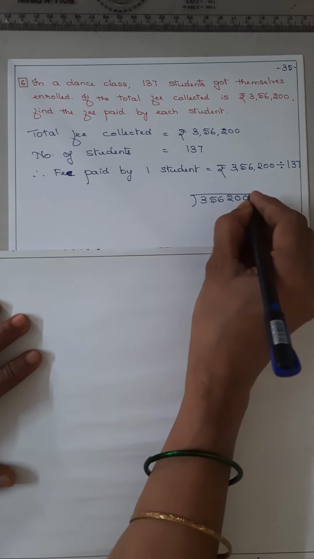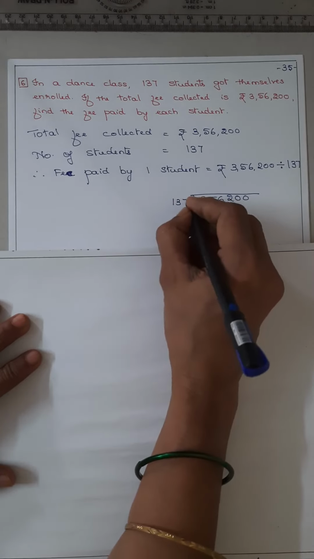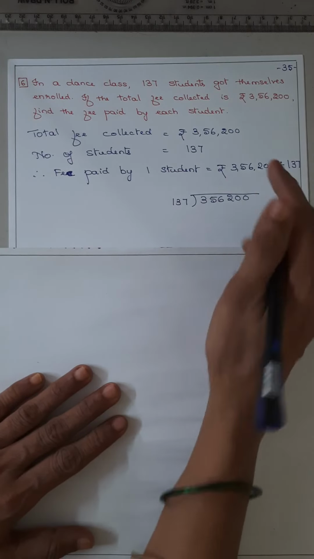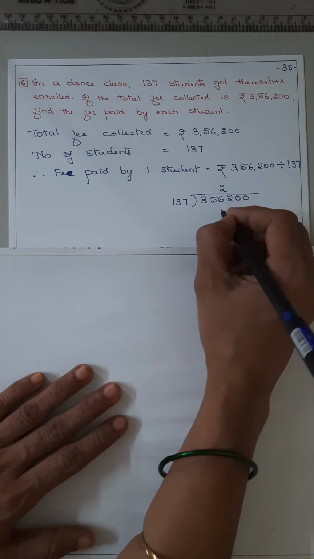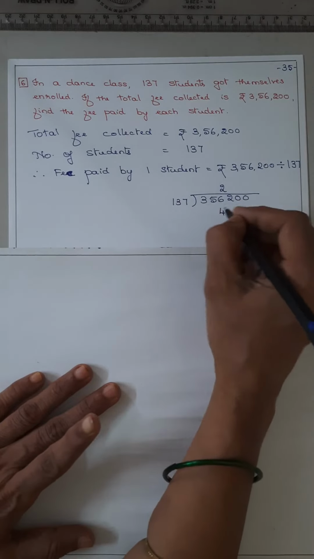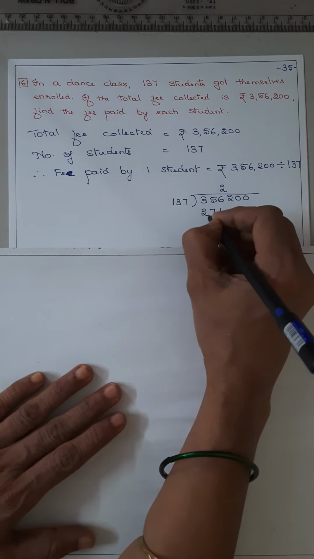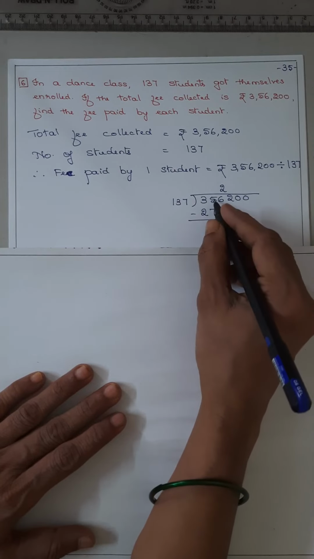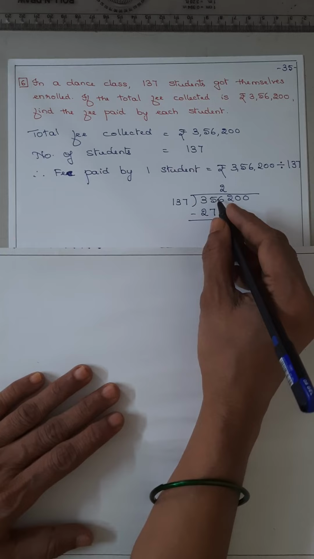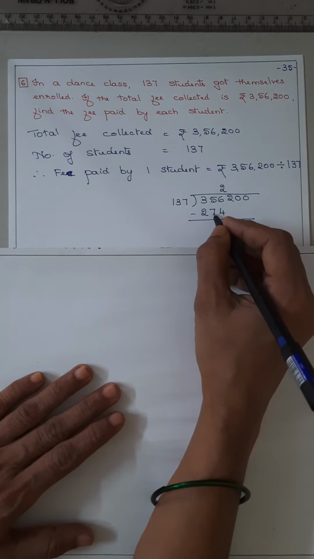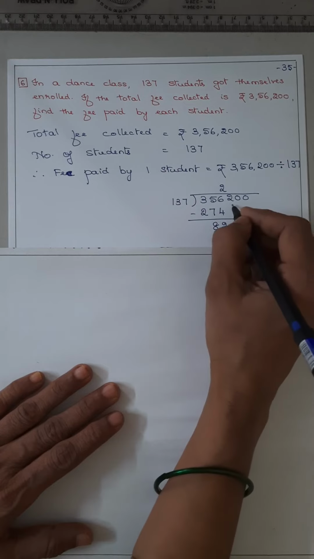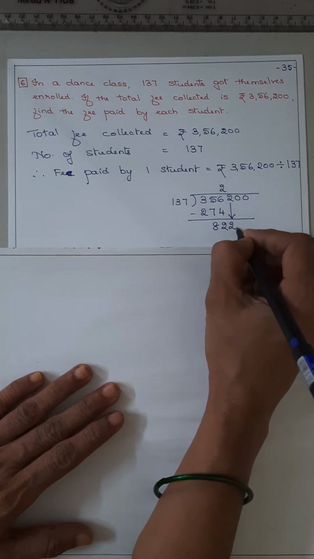Now divide. 356,200 divided by 137. So 3 digits. 2 7s are 14, 2 3s are 6, 7, 2 1s are 2. 6 minus 4, 2. Here it is 5. 15 minus 7 is 8. Then 2 minus 2, 0. Bring 2 down.